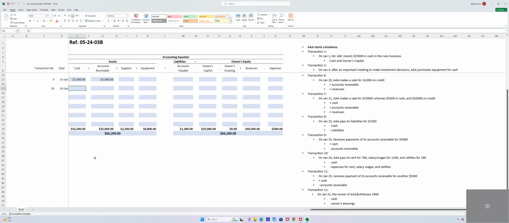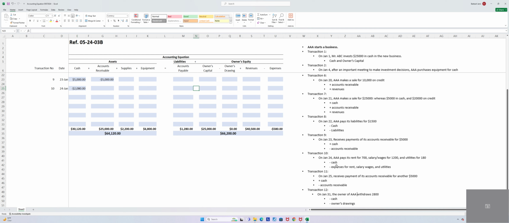January 24th, AAA pays for its rent for $700, salary for $1,200, and then utilities $180. So our cash is reduced by $700, $1,200, and $180, which is a total of $2,080.